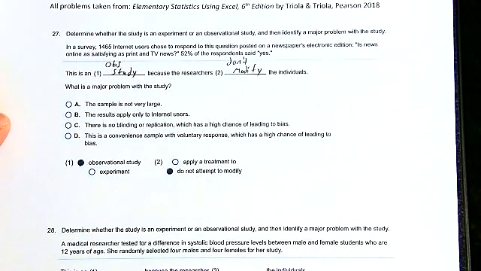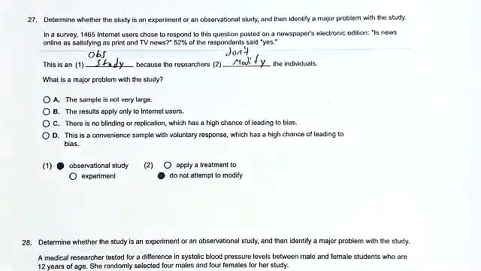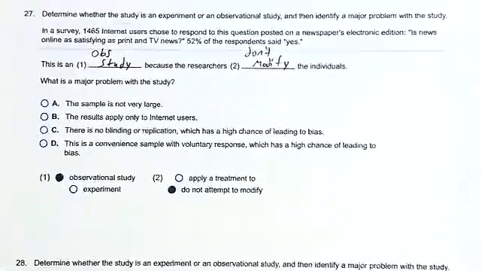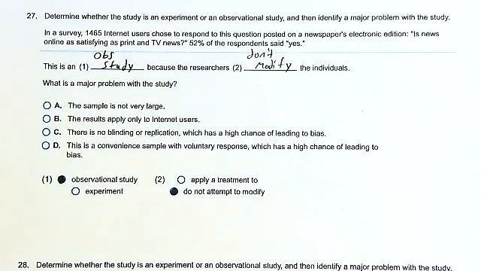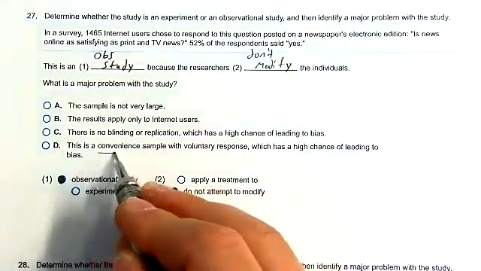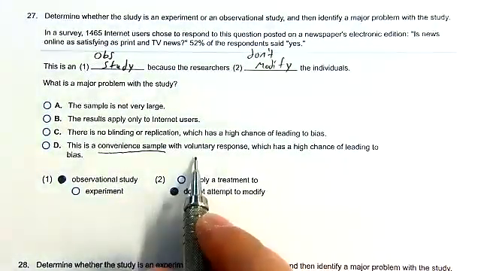Now, is there anything wrong with this study? Yeah. So there's two things now that we've talked about that make it bad. It's convenience. They're just being lazy and letting anyone come to their website and answer. But it's also what I've been harping on since I first started lecturing.